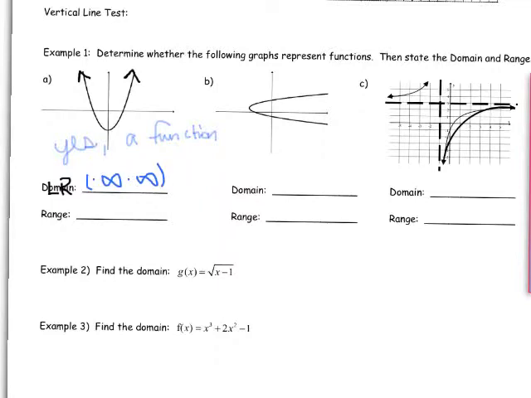Okay, and then my range, bottom to top. At the bottom, there's nothing down here. As I move to the top, I start to exist right here. So let's call that point A. I was meant to touch that. So at A, I start to exist at the bottom, and then I go up forever. So since I do get to touch A, and then I go up forever to infinity.